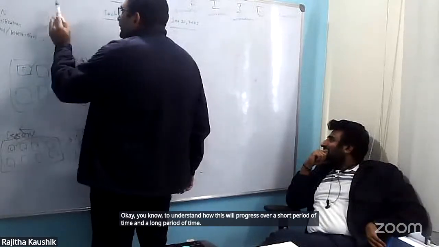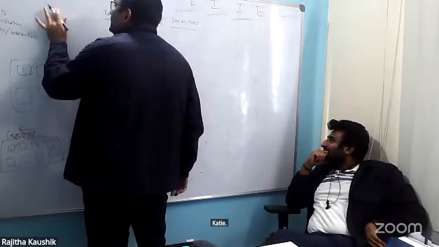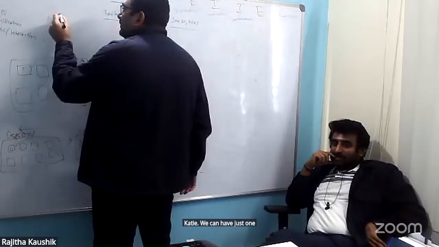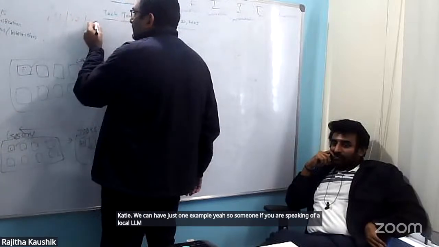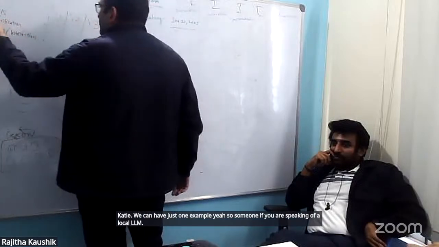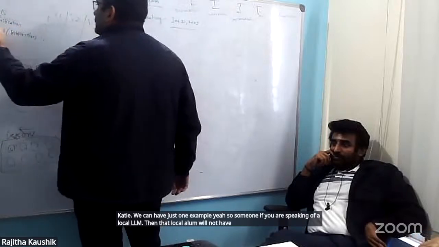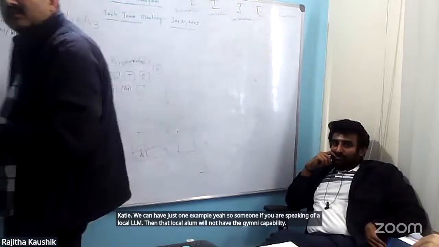Just 1 minute. Shravan, if you are speaking of a local LLM, then that local LLM will not have the Gemini capability. Gemini has the capability, a local LLM doesn't have it.